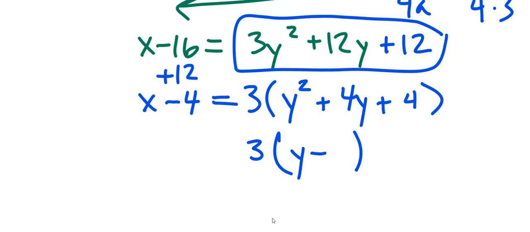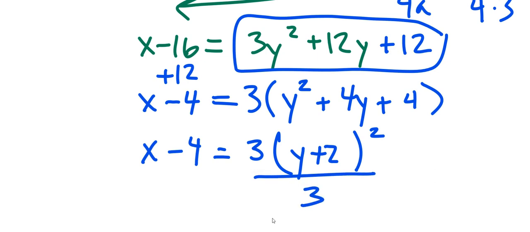And yes, you are correct. That is y plus 2 squared. So if we do the factoring first, that's what it would look like. Division is the same as multiplication by the reciprocal. Okay, folks, there's what we need.